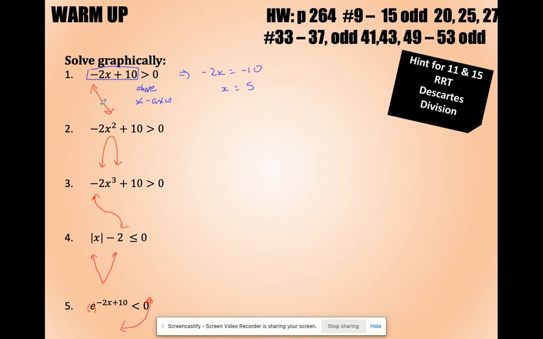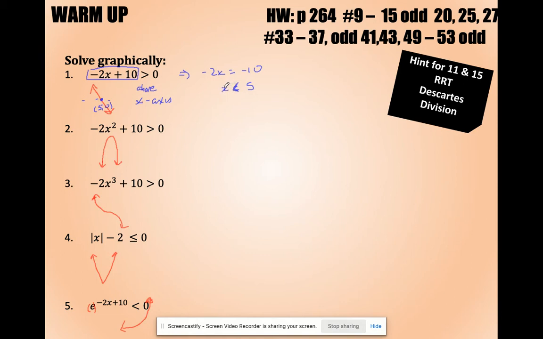So this linear function has an x-intercept at 5, and I want to know what is true about when this graph is above the x-axis. If this is at (5, 0), that's crossing the x-axis there. So when is this graph above the x-axis? When x is less than 5. So being able to think about that graphically.